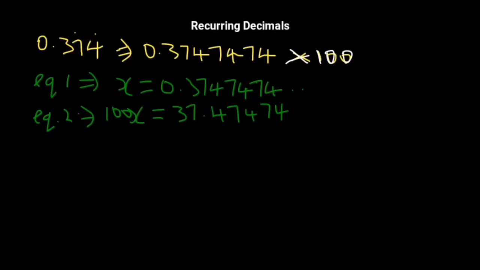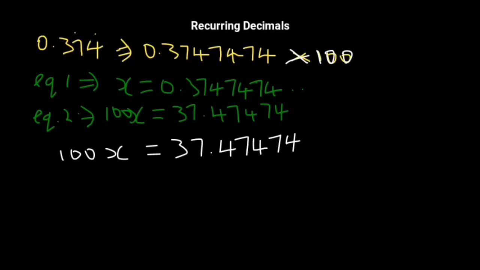So rewriting our second equation, we have 100x is equal to 37.47474 minus equation 1, which is x is equal to 0.3747474.